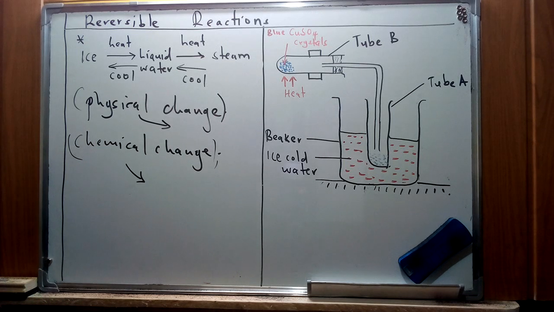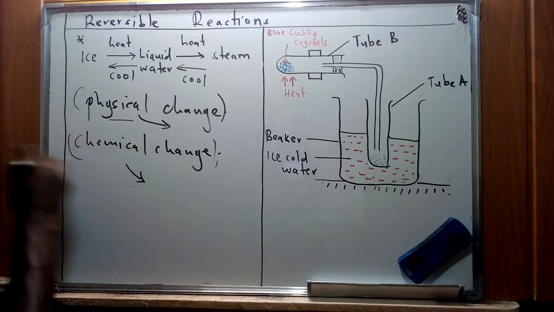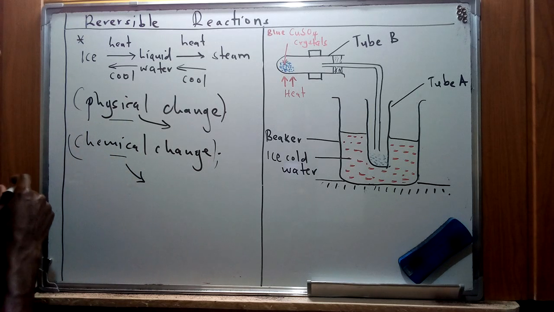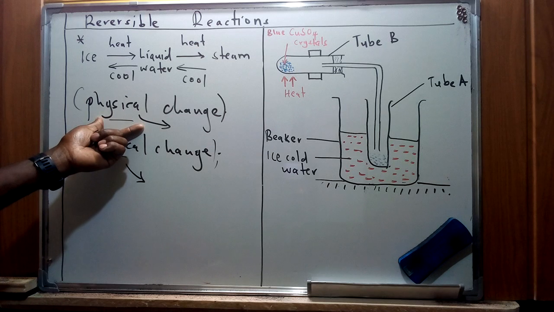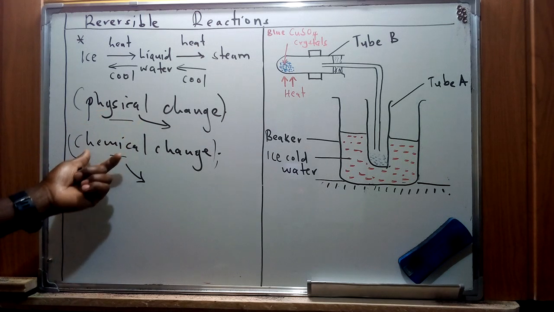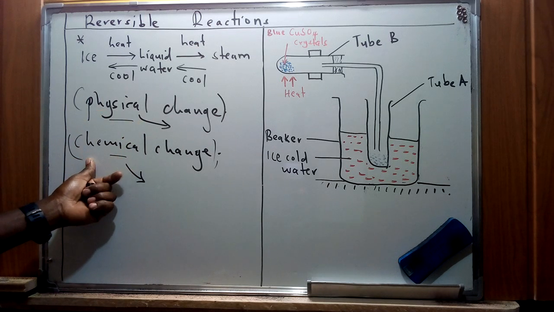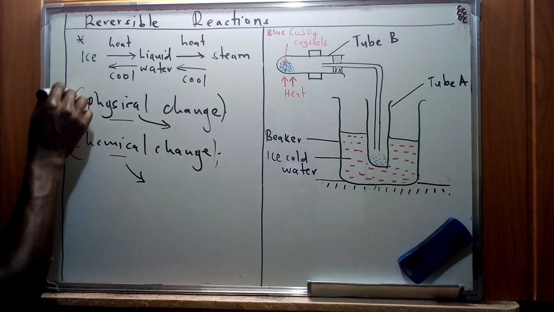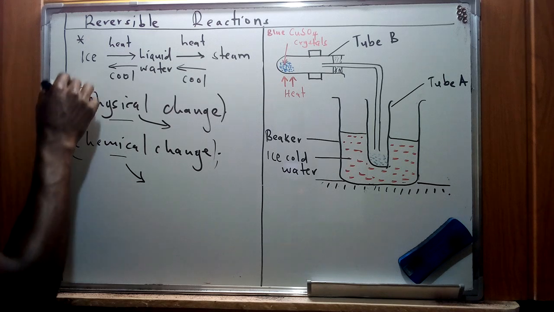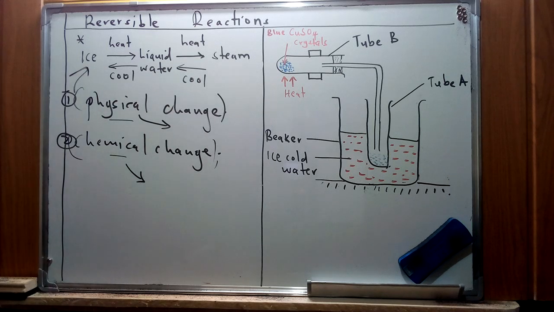So whenever we are talking about a physical reversible change, we are bearing in mind that there's a change in the physical state, but its chemical properties remain the same. But in chemical changes, there's a formation of a new product. Now, in these two concepts, our first illustration is a physical change.